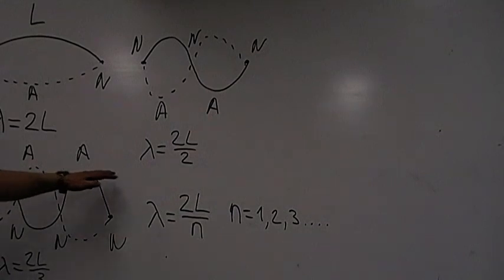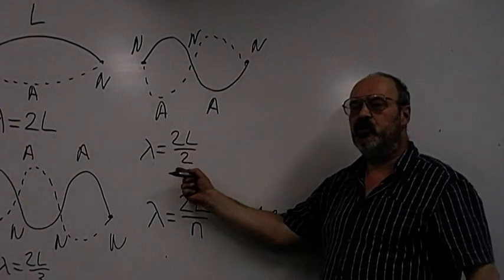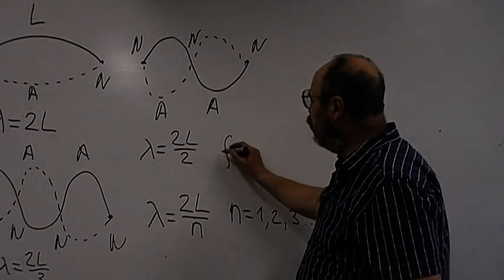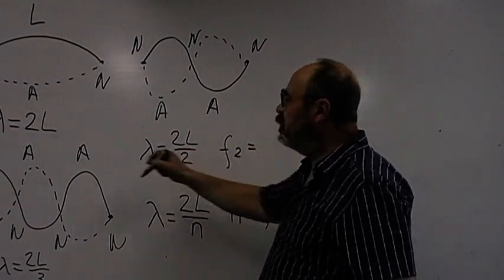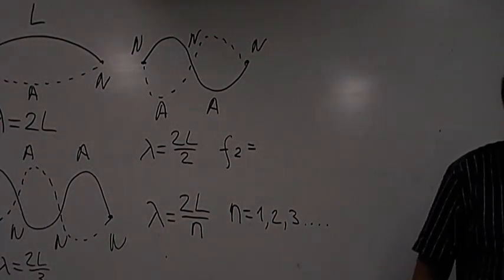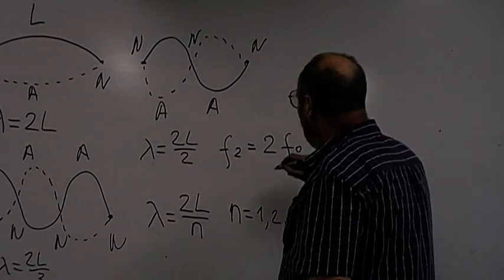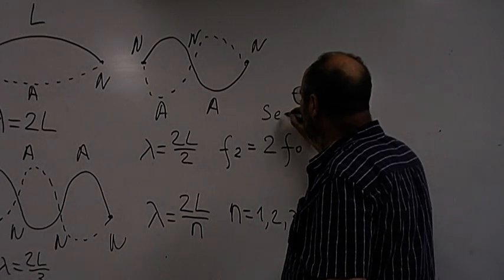Then this one, as the wavelength becomes twice shorter, what happens with the frequency compared to this one? The wavelength is twice shorter, so the frequency will become twice bigger. And it will be called the second harmonic.